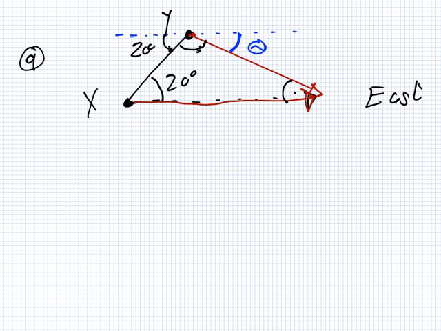No, because we don't know this angle. Do we know any of the lengths, any of the distances? Do we know this distance? No. Do we know this distance? No. So, what can we do?